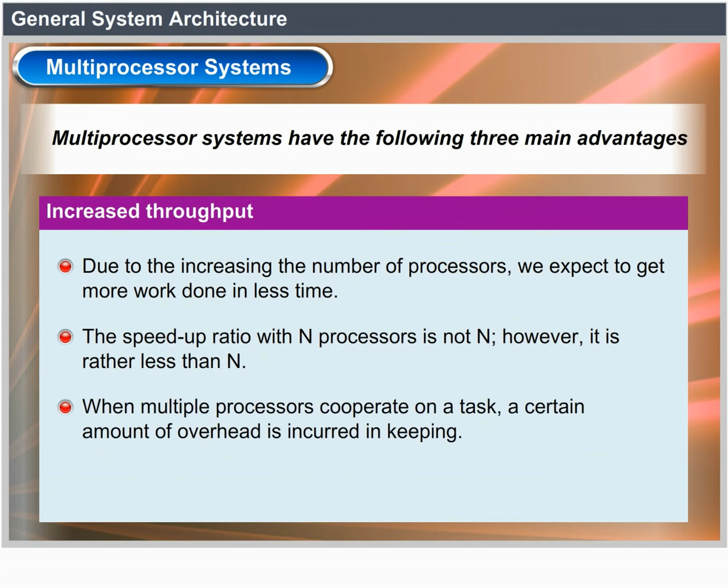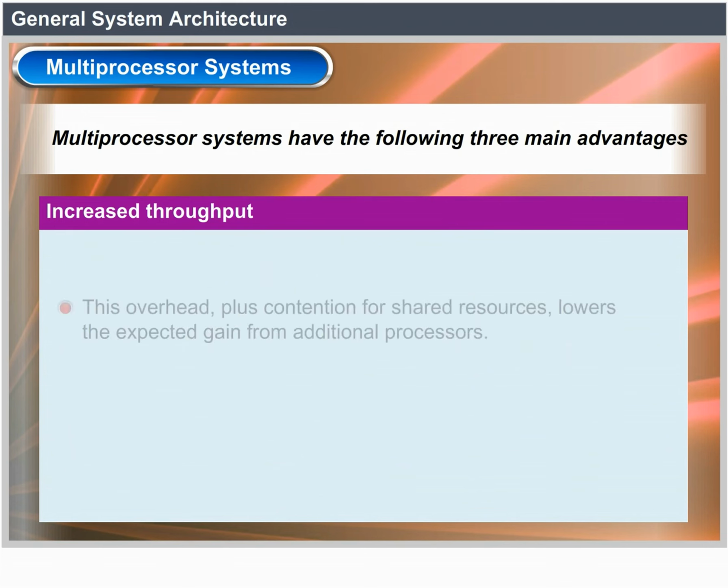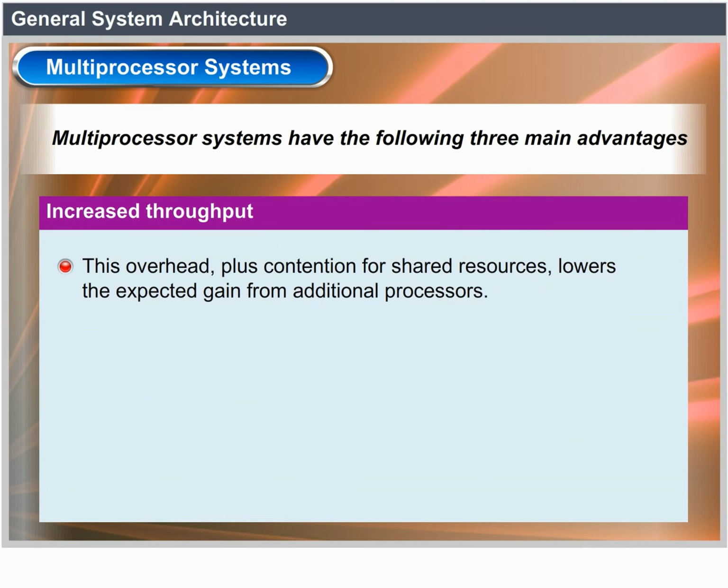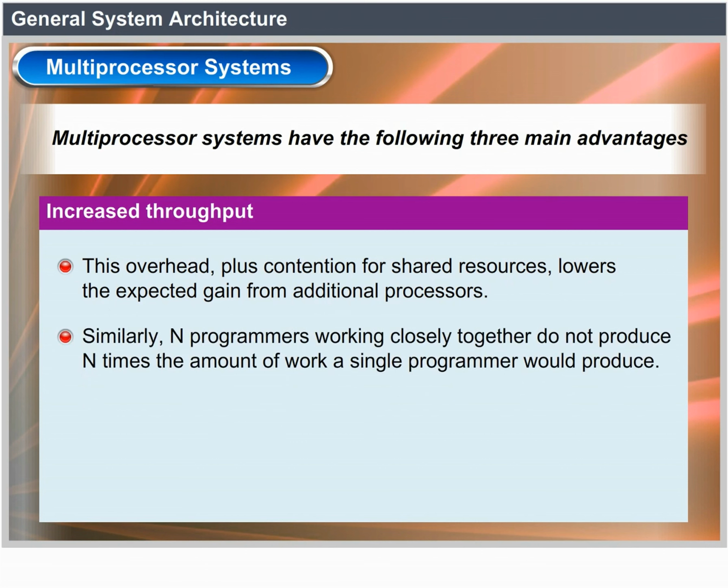When multiple processors cooperate on a task, a certain amount of overhead is incurred in keeping all the parts working correctly. This overhead, plus contention for shared resources, lowers the expected gain from additional processors. Similarly, n programmers working closely together do not produce n times the amount of work a single programmer would produce.